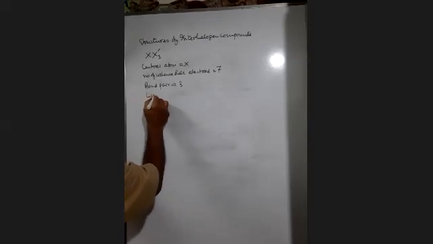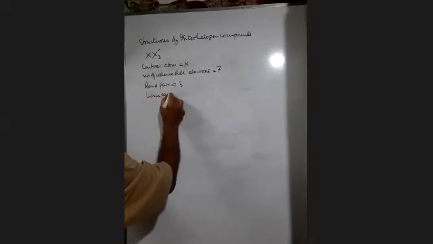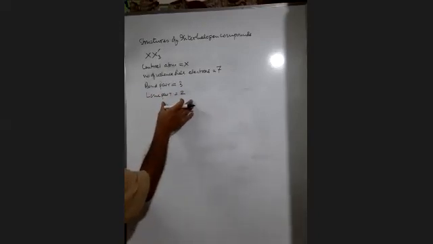2 pairs, sir. Okay, then good. Lone pairs are 2. All right, then what is the structure of this one? What is the model?